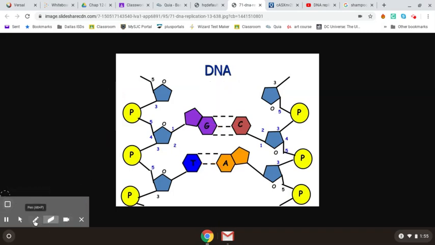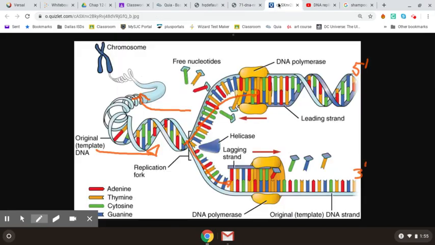Okay, so when we open the DNA, once we unzip it, because that's what helicase is doing. Here's that helicase, right? That helicase is unzipping my DNA. It's starting from the end, because your DNA is linear. Your DNA has a beginning and it has an end, right? This chromosome has a beginning and it has an end.